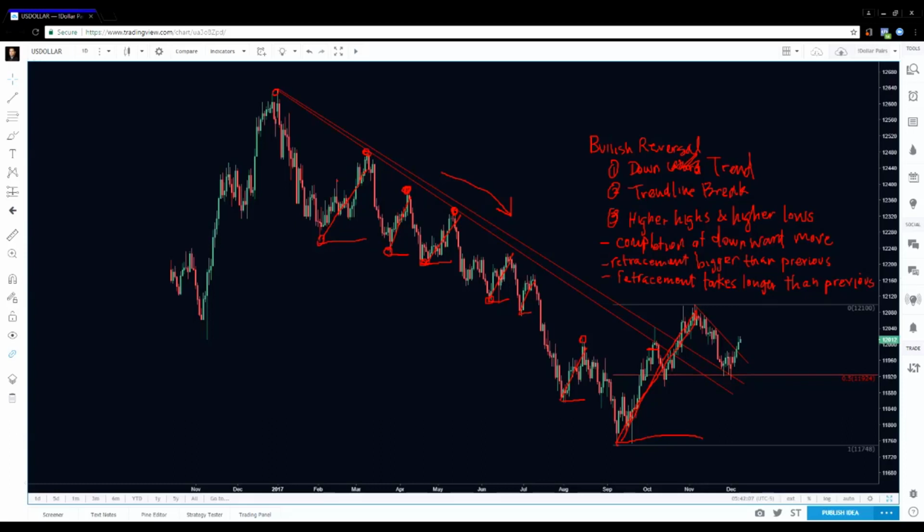This low is a lower low than here, and this high did not take out this high, so we're still in a downtrend. Here's a lower low. This high did not take out this high. Here's a lower low. This high did not take out this high. And all of a sudden we have a lower low, and then boom, we have a high that took out the previous high.